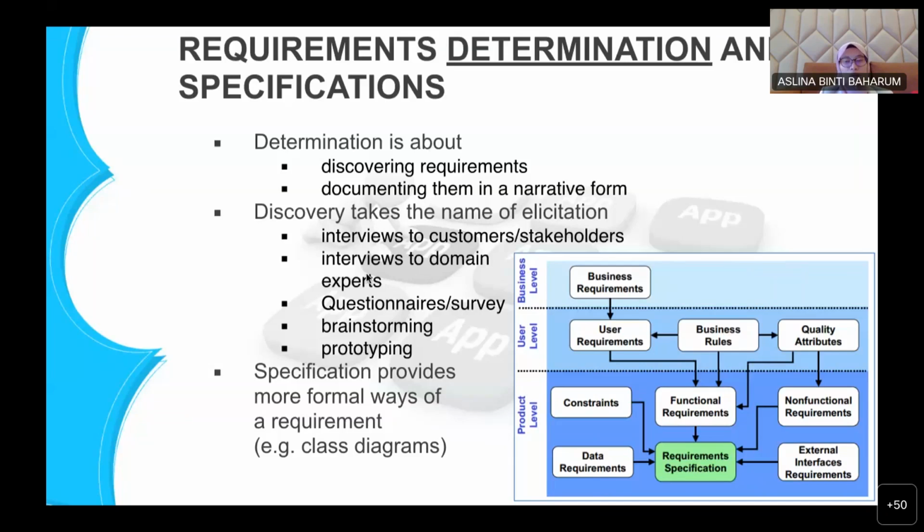You can base it on document analysis, review of the current system, a case study, brainstorming among the team, and prototyping, then ask them to test it first: is this the system that you want, or what do you think can be improved?